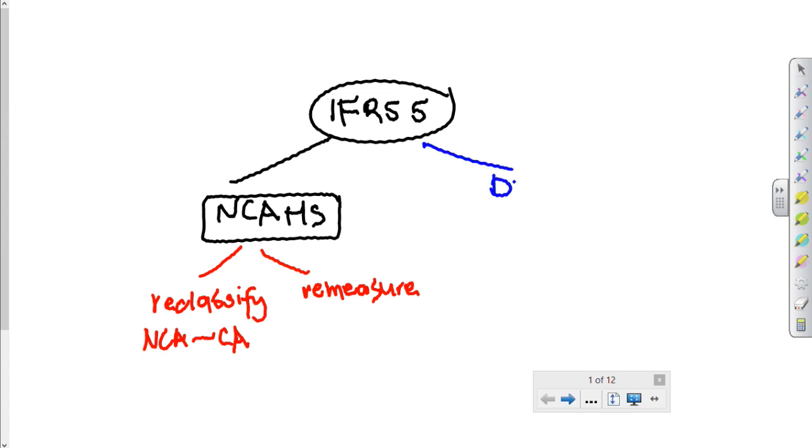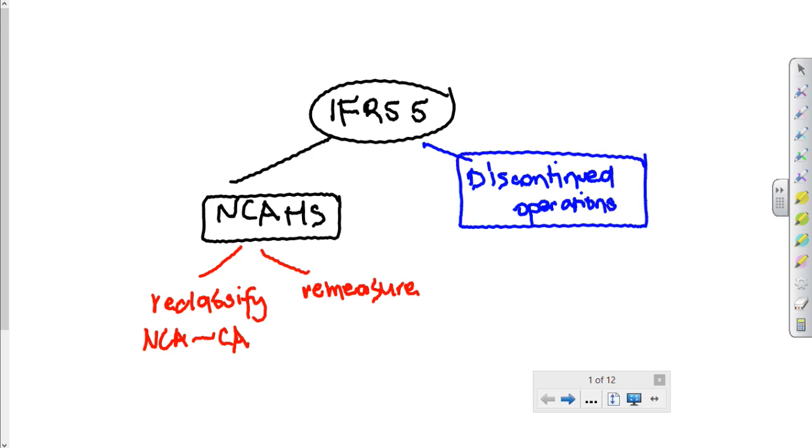It also deals with something called disposal groups. No, not disposal groups, I'm wrong. Discontinued operations. Discontinued operations are sections of your business that you have sold or are planning to sell or have shut down.